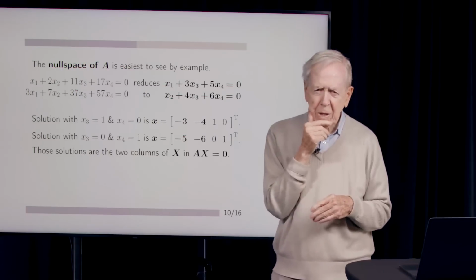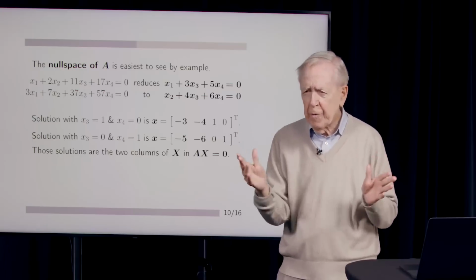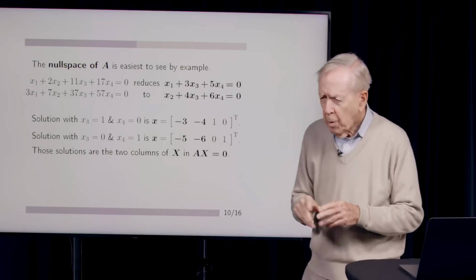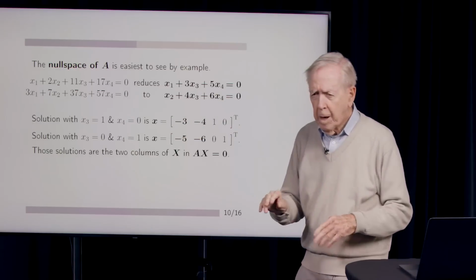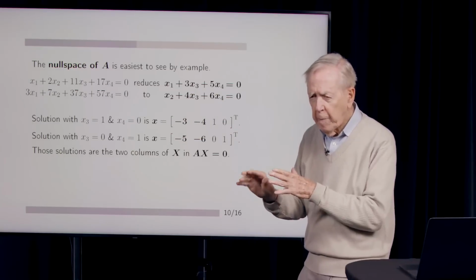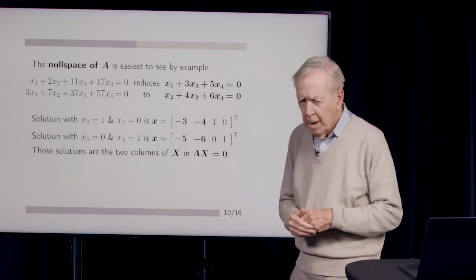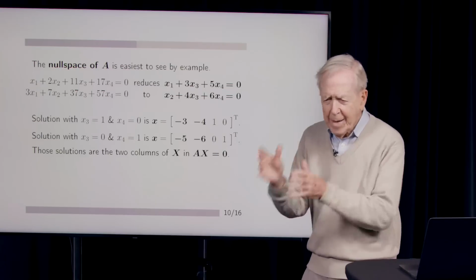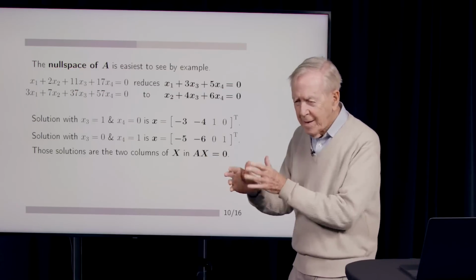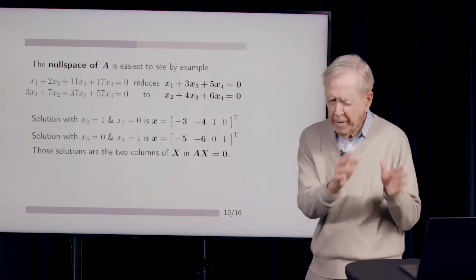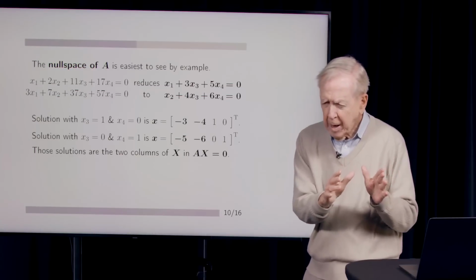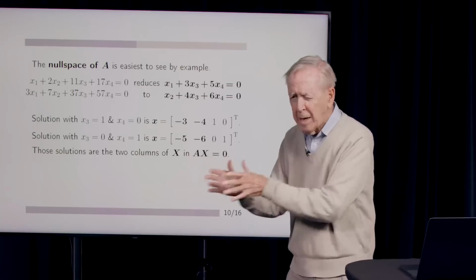Let me ask you this question. If I had a square 4x4 invertible matrix, what would be the reduced form after I do elimination? Well, it would just be the identity matrix. If I have an invertible matrix, elimination produces the identity matrix.